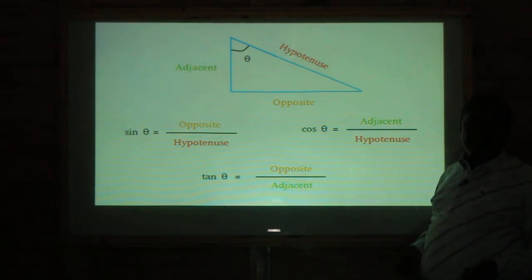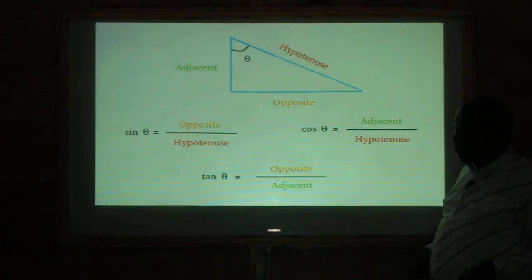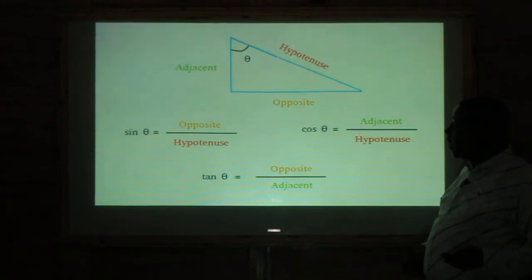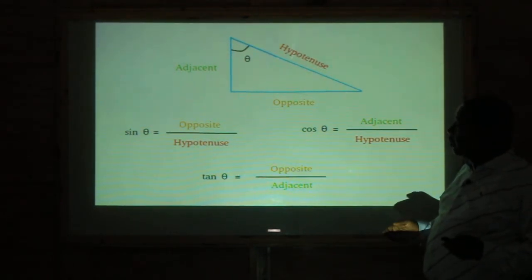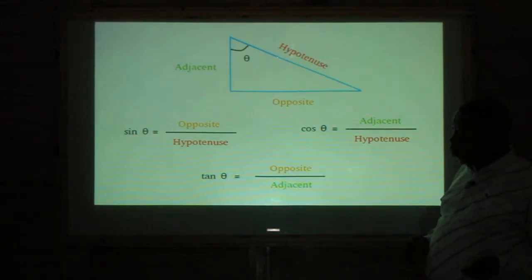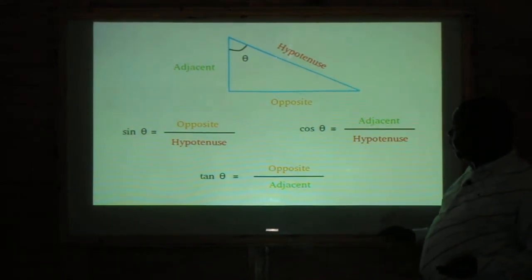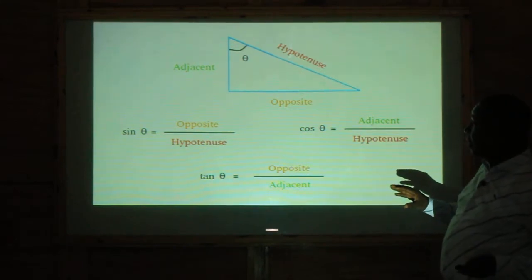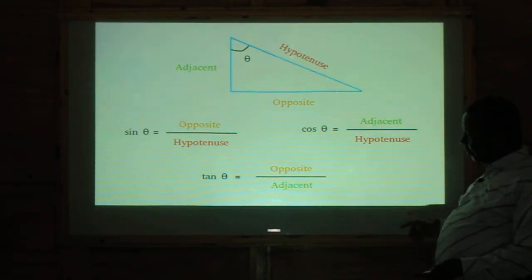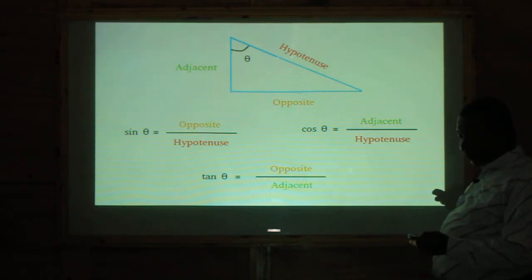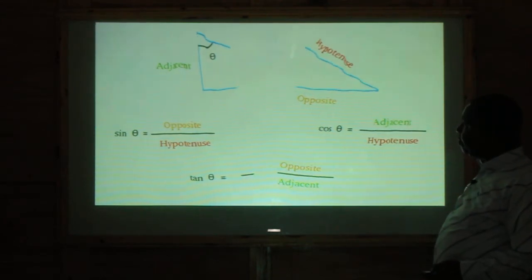So let's find a way of solving that problem. The only way we can solve it is to develop what we call an acronym, which we can always look at in case we forget the definitions of the three trigonometrical ratios.